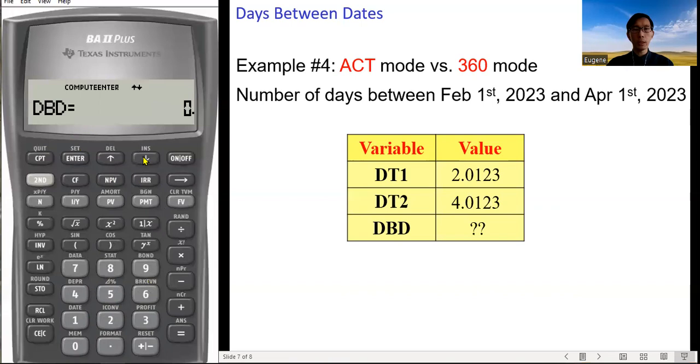We need to compute DBD. For the actual method of counting, ACT, the number of days is 59. This is the exact number of days between the 2 dates.